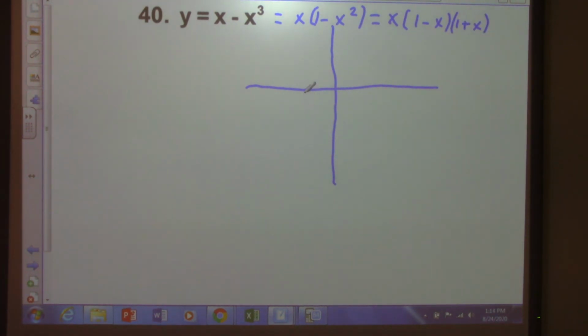And so you have zeros at -1, 0, and 1. And this is going to be a negative function. So does negative start high, end low, or start low, end high? Starts high, ends low. So we're going to go like this.